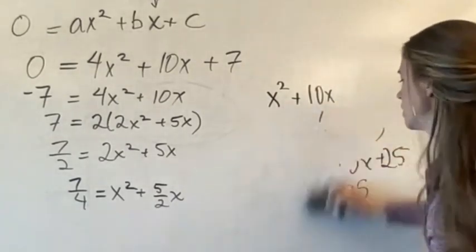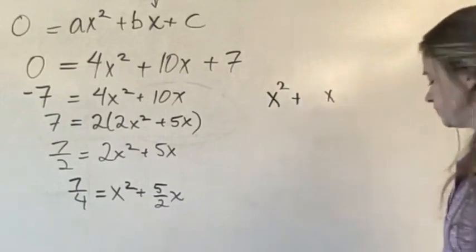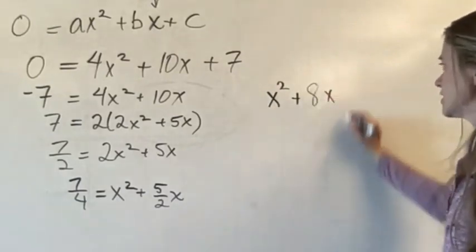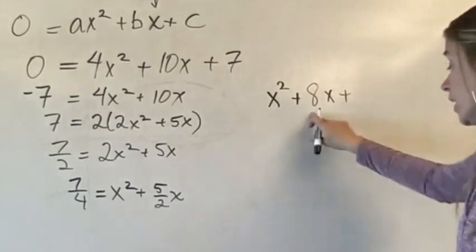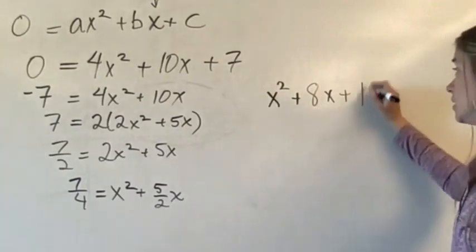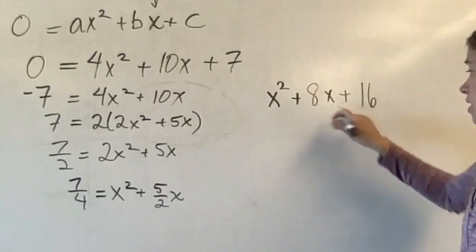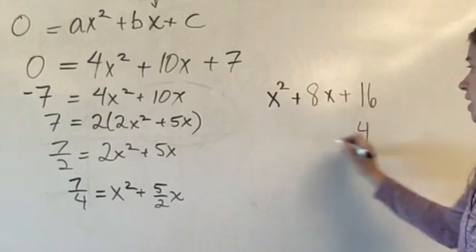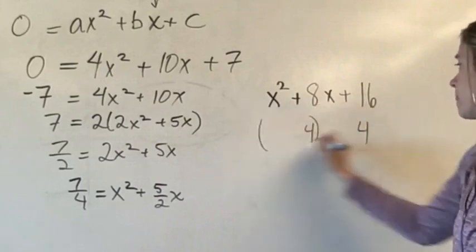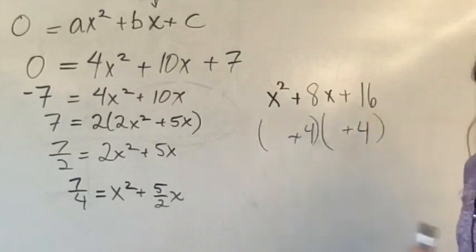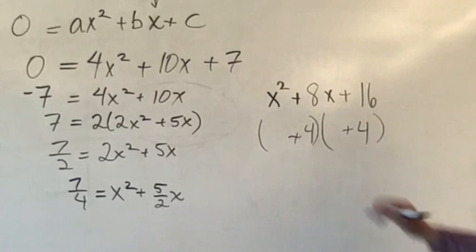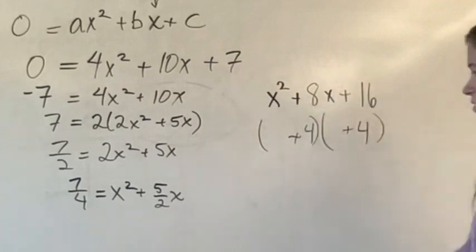Well, let's try with another one. If I want to do this one, I sure wish what I had was a 16, because 16 is 4 times 4, and 2 4s add to 8. So I wish that was a 16.